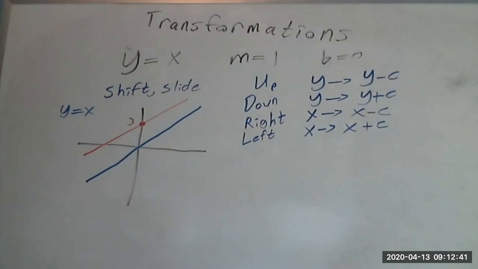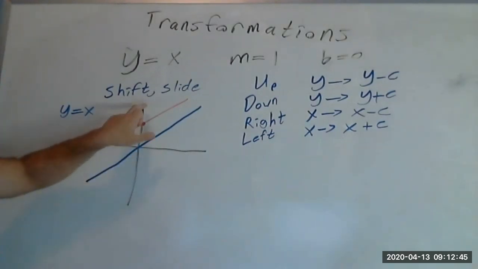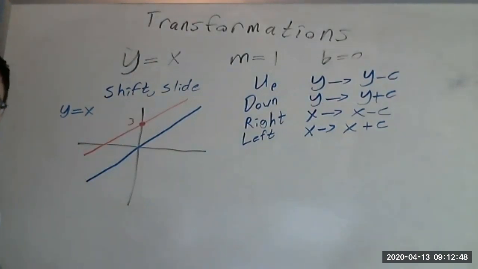We moved it up 3. The y-intercept went from 0 up to 3. Let's look at algebraically what actually happened to do that.